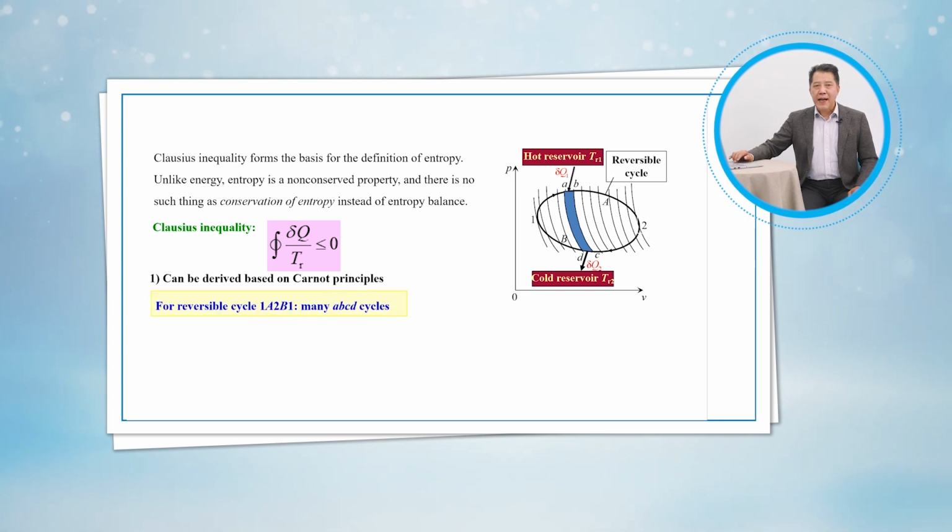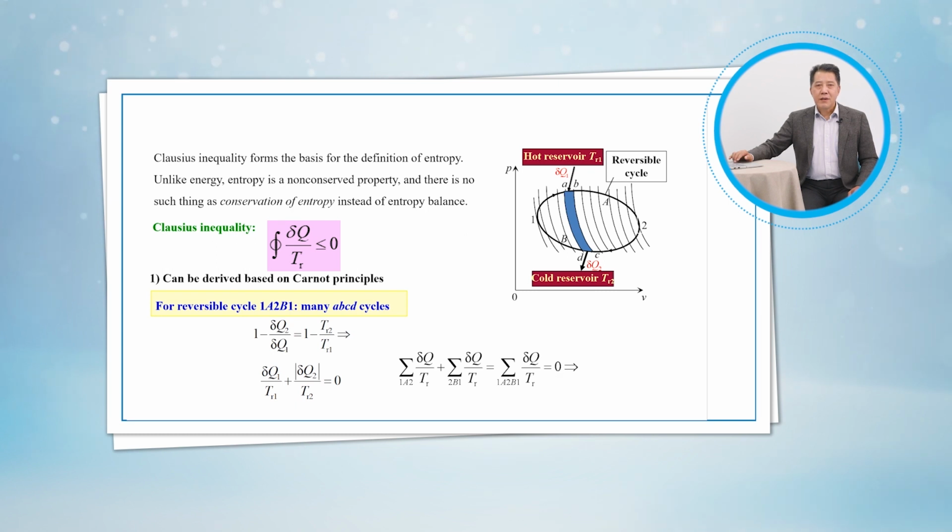A reversible cycle, as shown in the PV diagram, can be divided into many cycles with isentropic path lines. All the cycles are reversible, and each one undergoes the Carnot cycle.